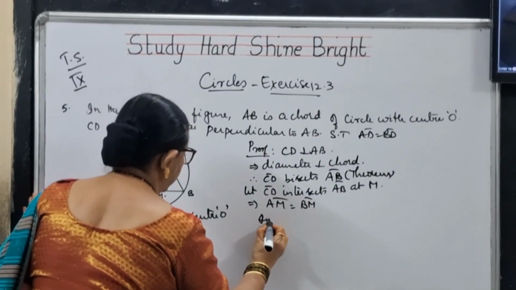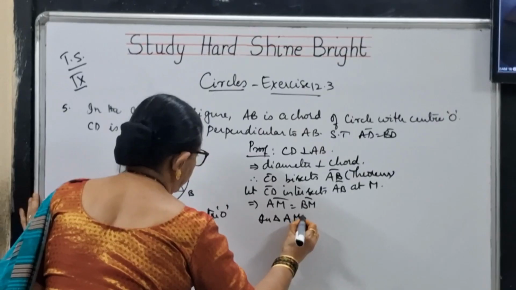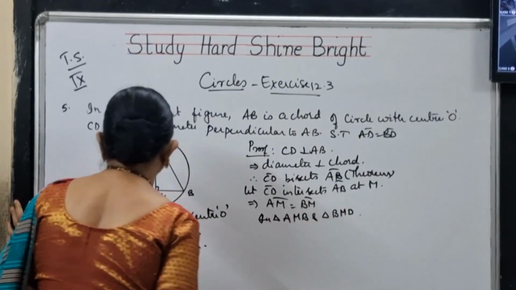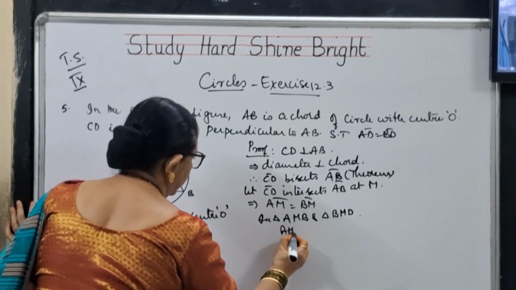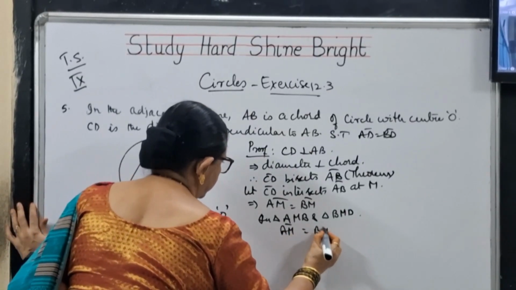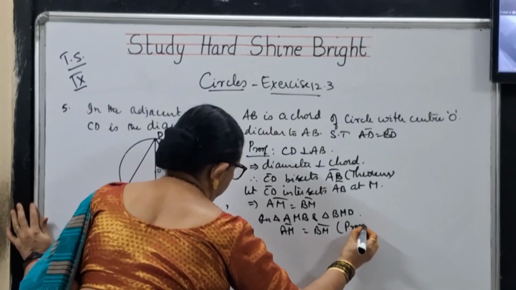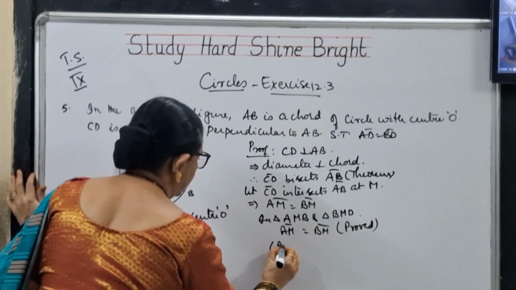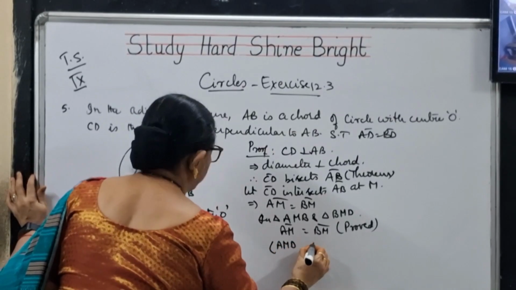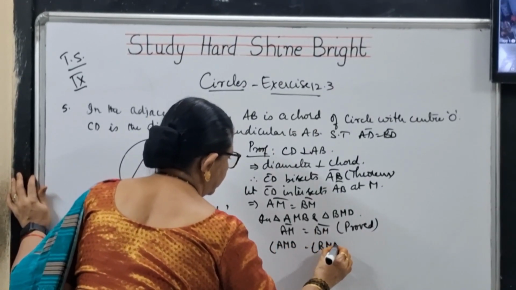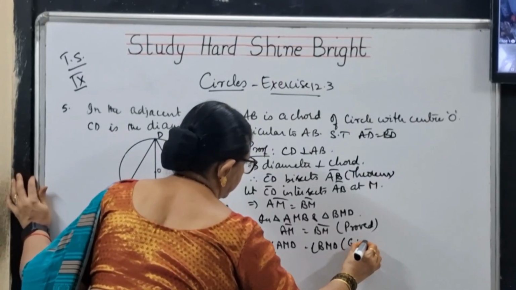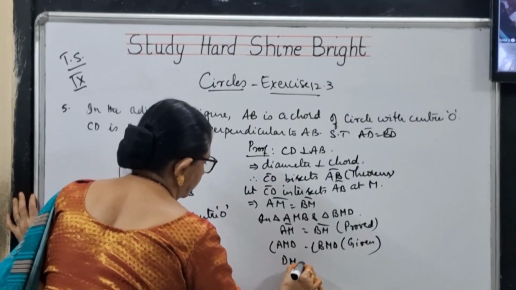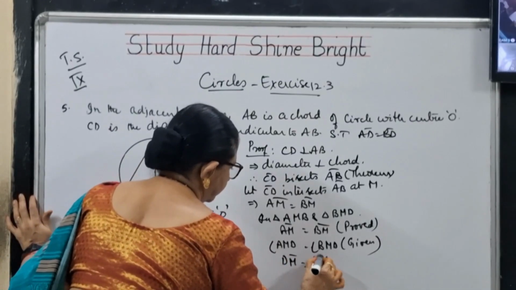Now let us go to the triangles. In triangle AMD and triangle BMD, in these two triangles, AM is equal to BM, we have just now proved, and angle AMD is equal to angle BMD. It is given to us, 90 degrees. DM is equal to DM common.